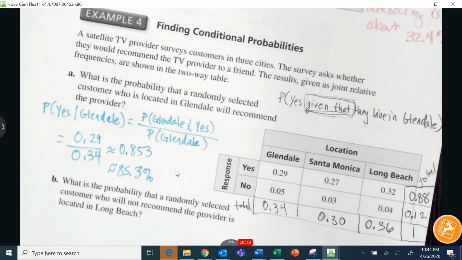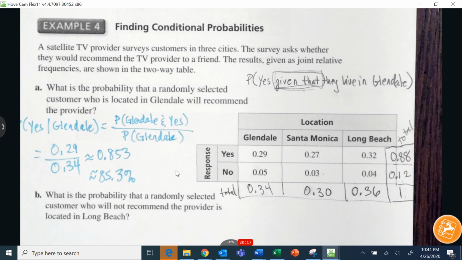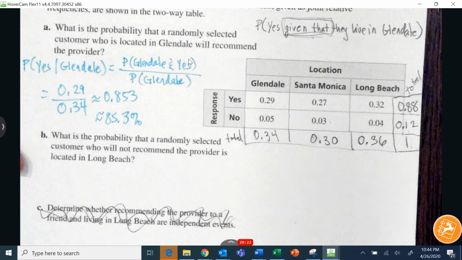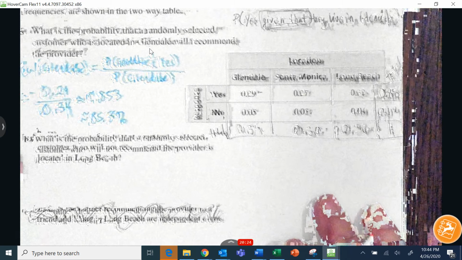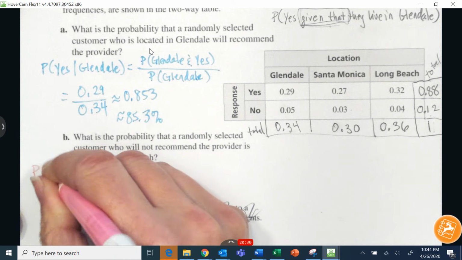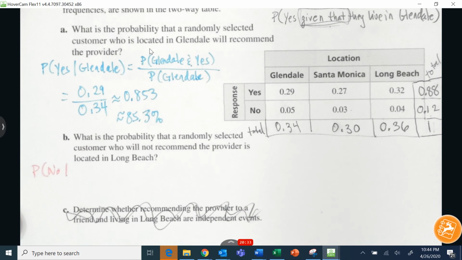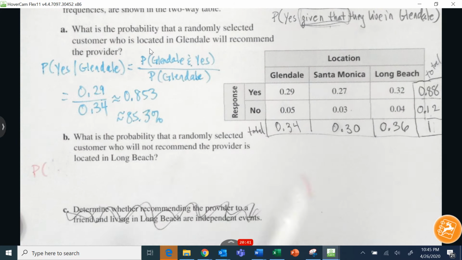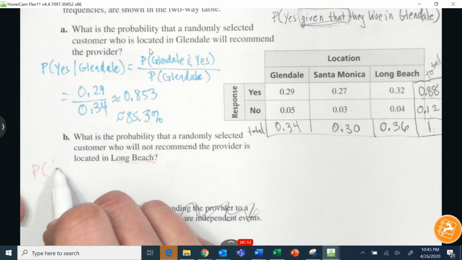All right, and then question B. What is the probability that a randomly selected customer who will not recommend the provider is located in Long Beach? So we're trying to find the probability that they are in Long Beach, so that's going to be the first part.